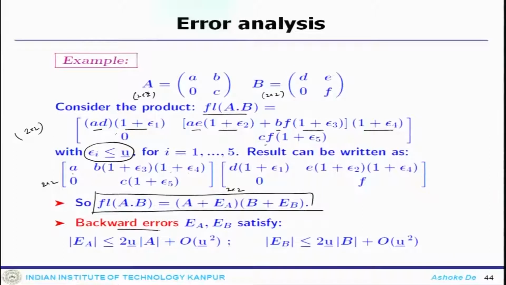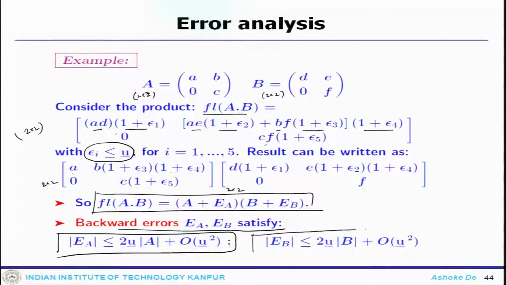The backward errors EA satisfy the criteria of being less than second order, and this is also less than B. So, this is what you get when you find out the forward and backward error. We will stop here and take it up in the next lecture.